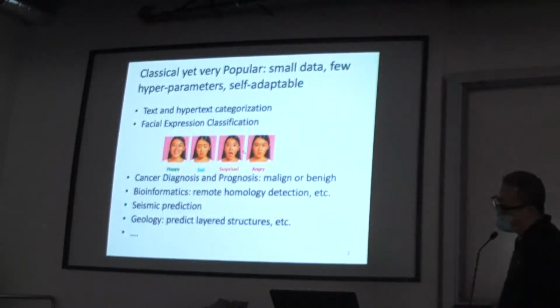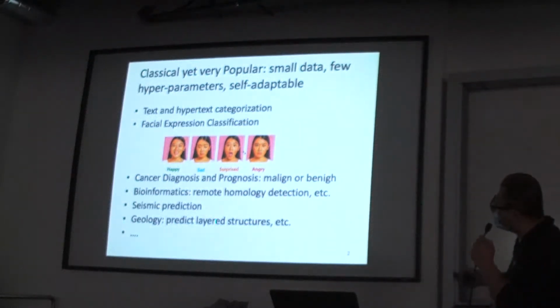Here, I'll just list several popular applications of SVM, like text and hypertext categorization. If you browse some news website, they automatically tag the text, which is often done by SVM. Facial expression classification: how can you see the emotion from face images?